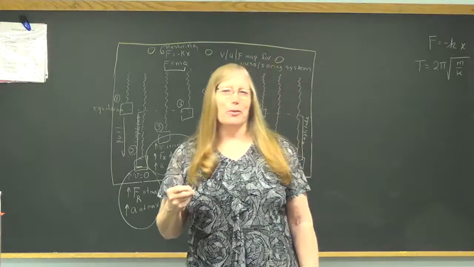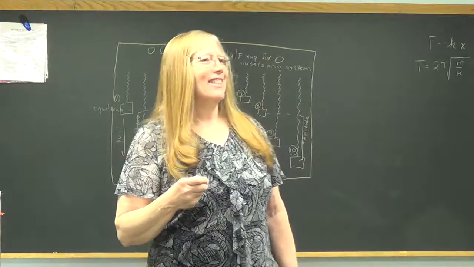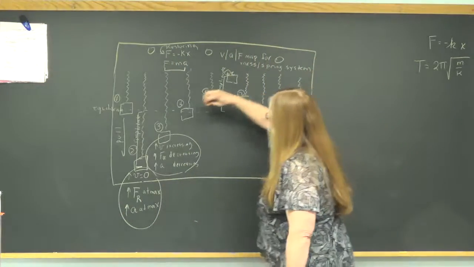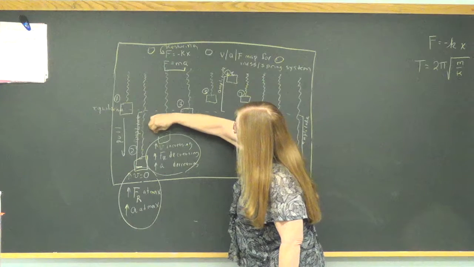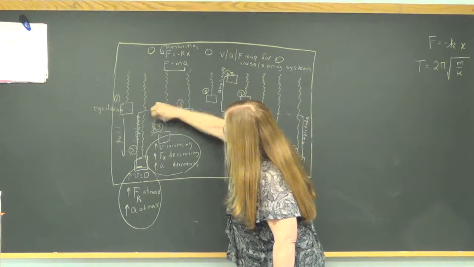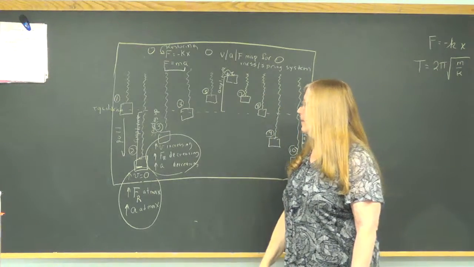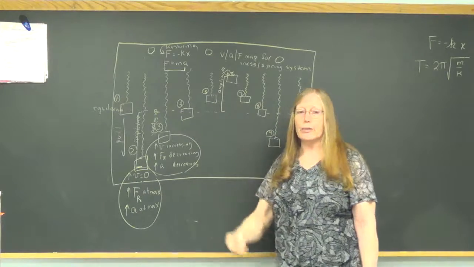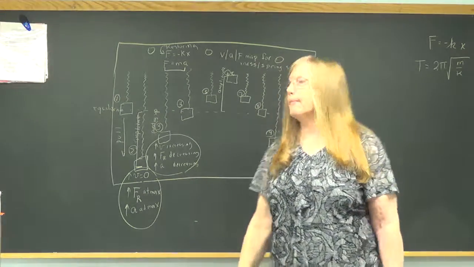That was like a chapter 1 thing. But it is speeding up. So alongside of 3, I want you to say speeding up. All right, so as it goes from amplitude toward equilibrium, it is speeding up.